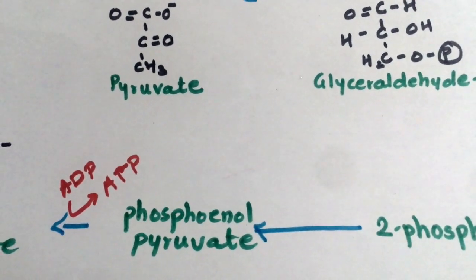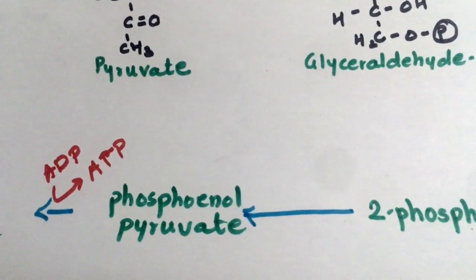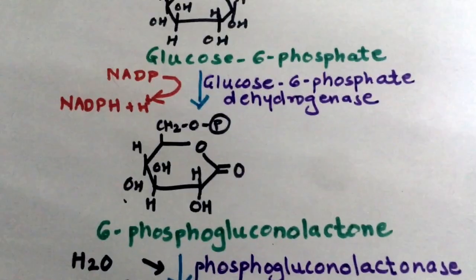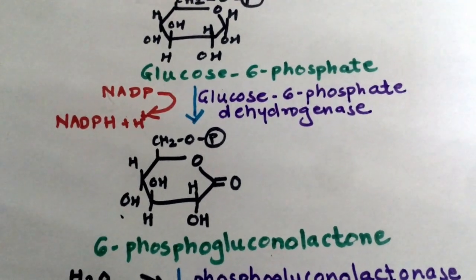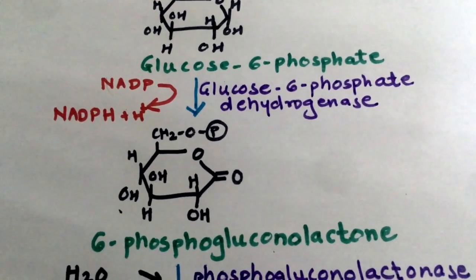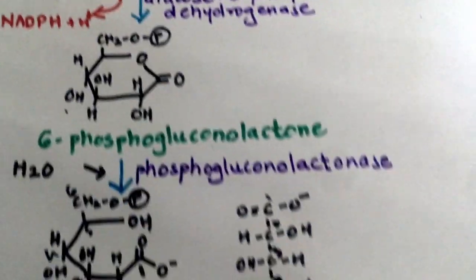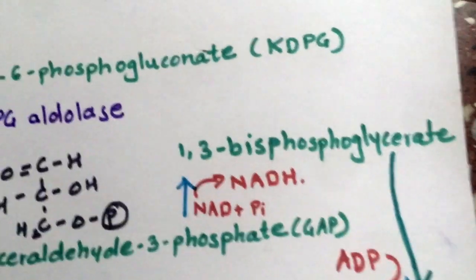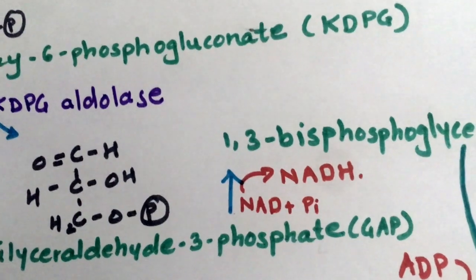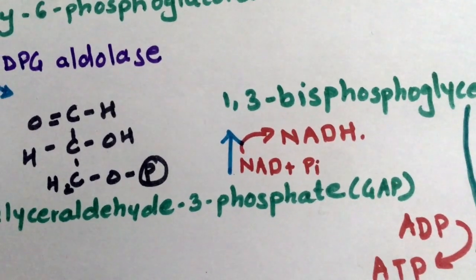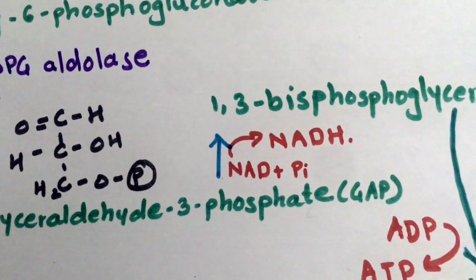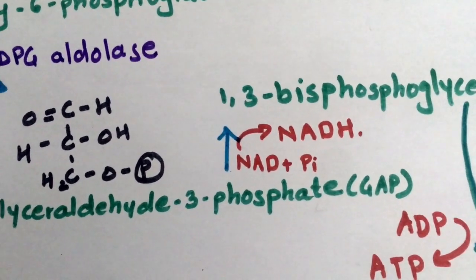So only one net ATP molecule is generated out of these reactions, and an NADPH molecule is generated over here, which is the unique step of the ED pathway, and one NADH molecule is generated here. So ultimately we can say that one ATP is generated, one NADH is generated, and one NADPH molecule is generated.